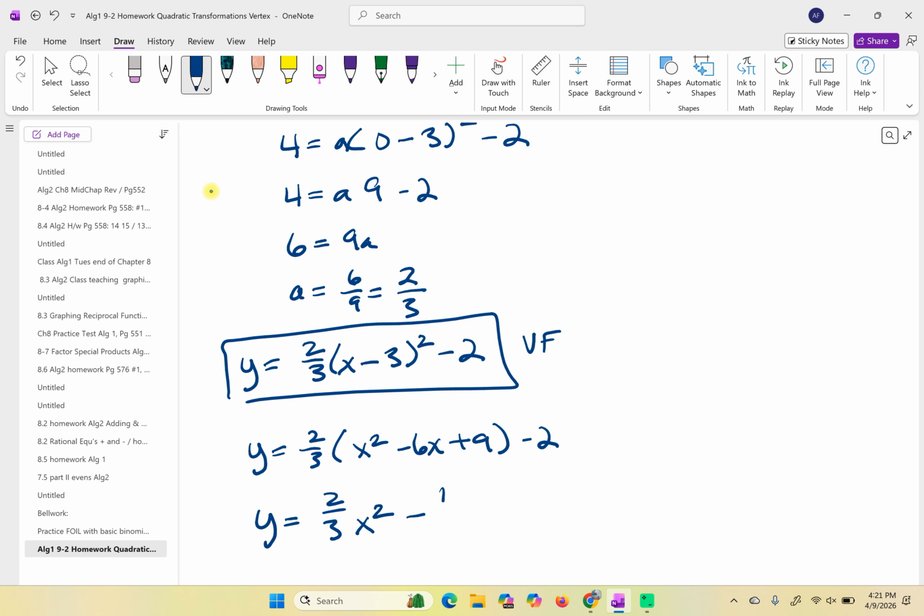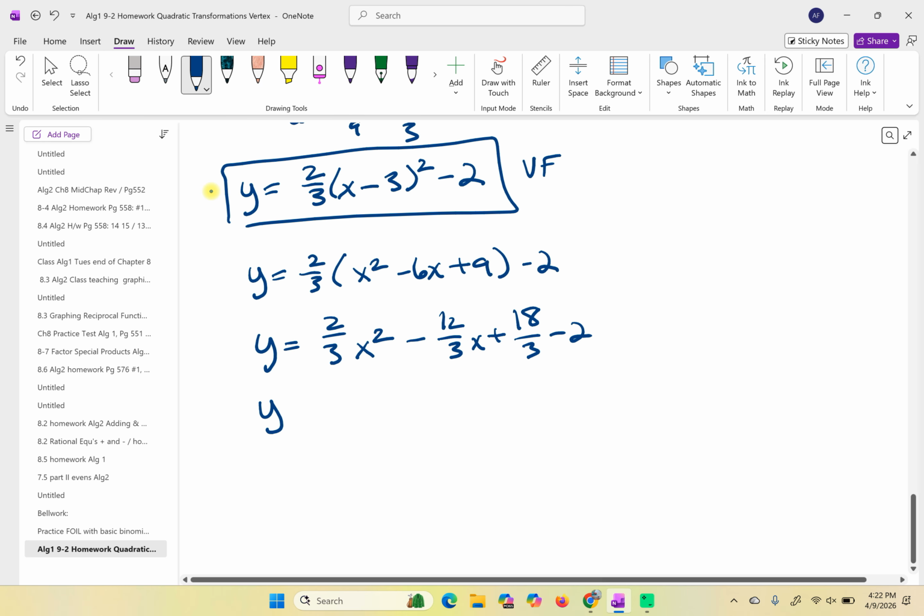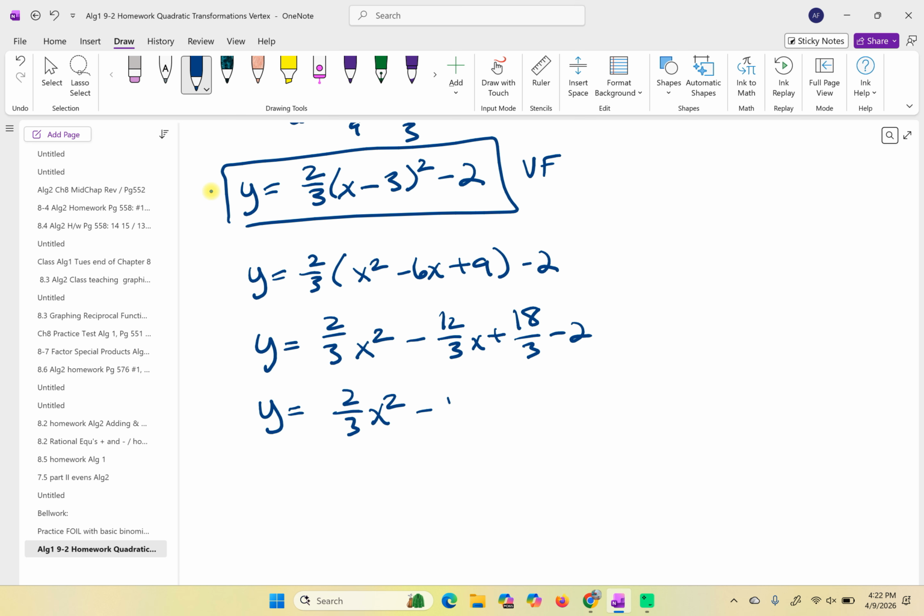So it's going to be 12 over 3. 9 times 2 is 18 over 3. Minus 2 at the end. Simplify where I can. This is 4x plus 6 minus 2 equals 4. Here's my standard form.